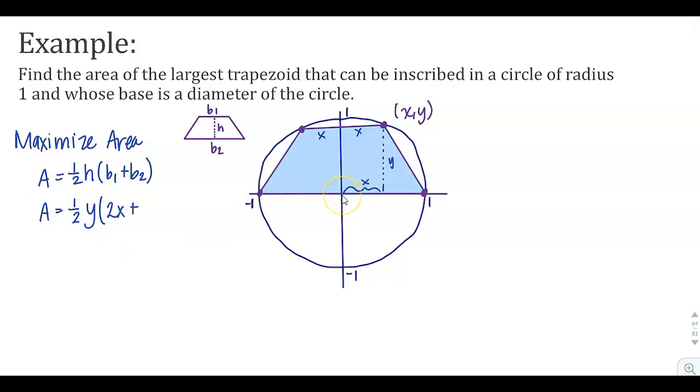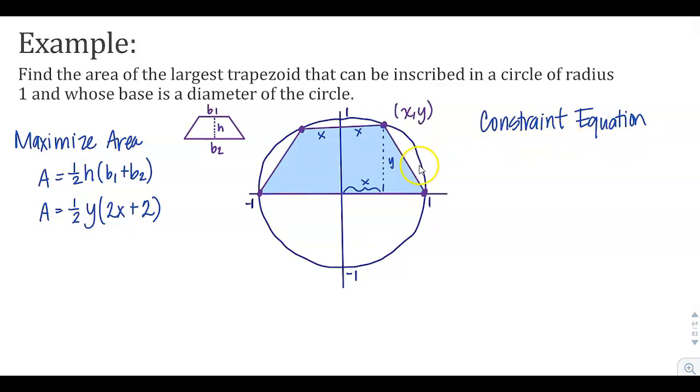If the radius is 1 unit in each direction, this entire base is 2. So base 2 is 2. So I now have my area formula in terms of x and y. I need it in terms of just one of those variables. So that's why we need to find a constraint equation.